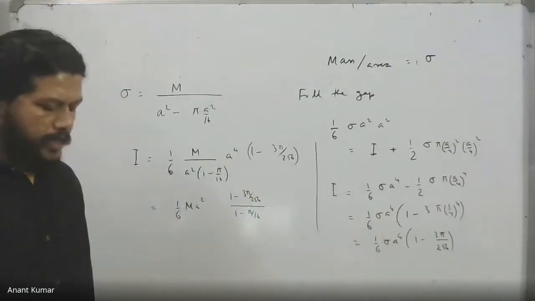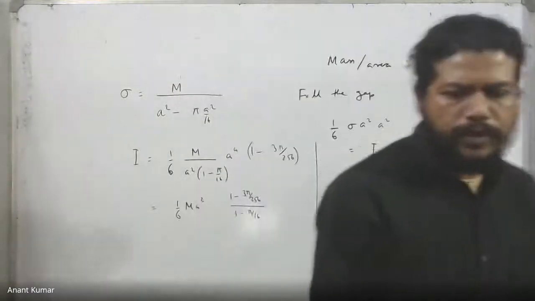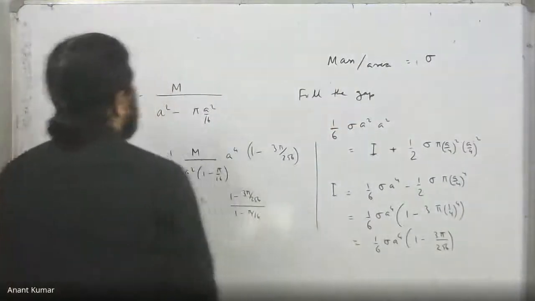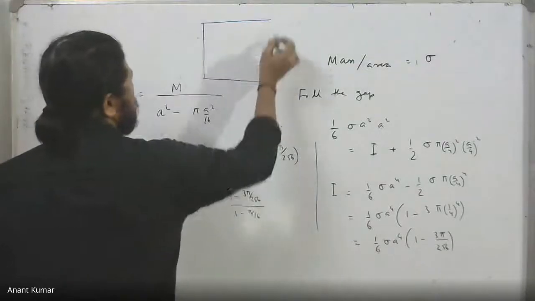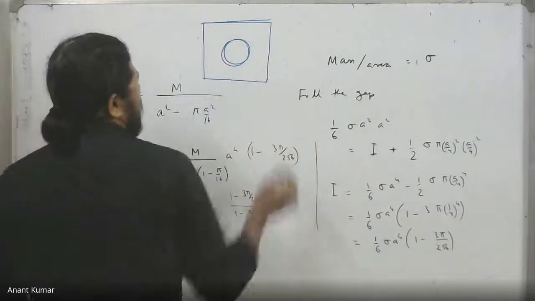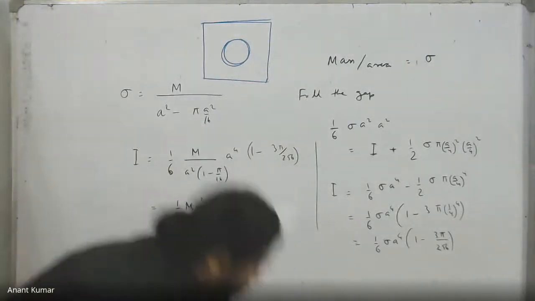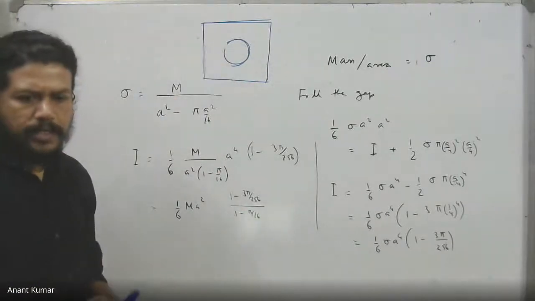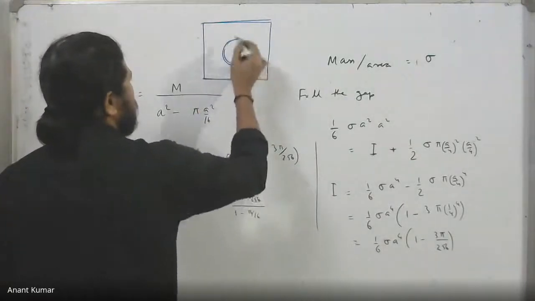Okay, I was just using the additivity of the moment of inertia. What I did was, if I fill the removed portion back over there, it will become a complete square plate, isn't it?